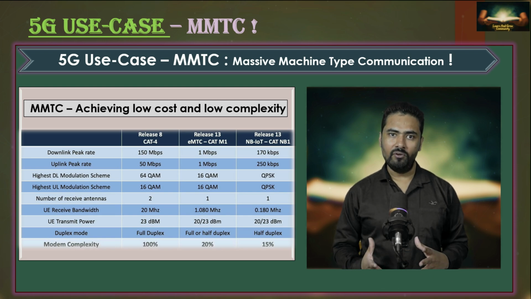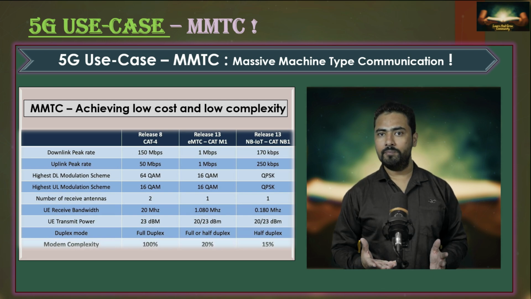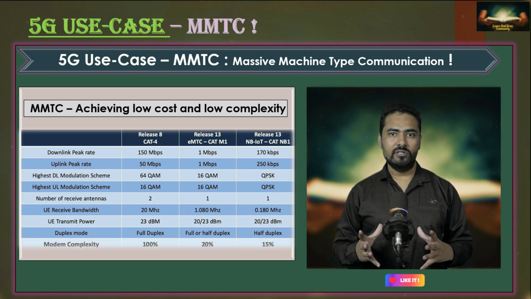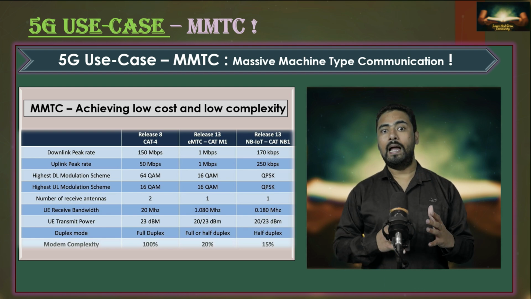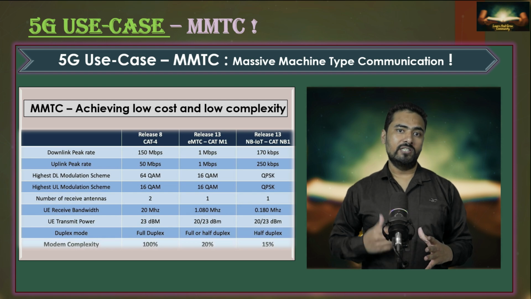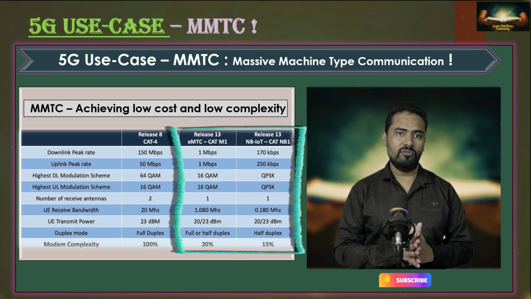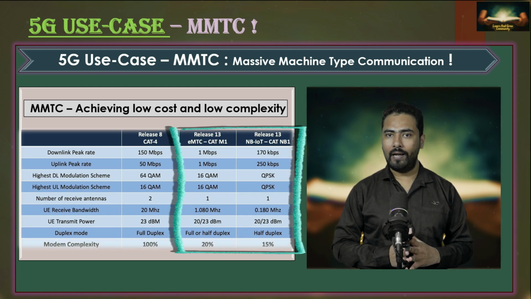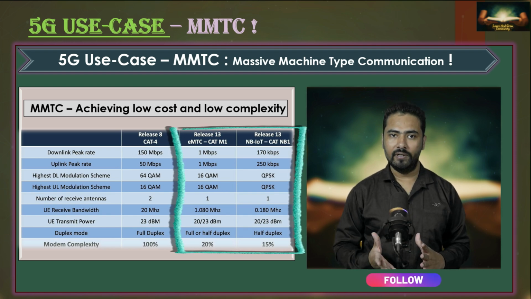For mMTC, we need devices that are simpler and cheaper. So, in later 3GPP releases, these features were scaled down to meet the mMTC requirements. In Release 13, two specific technologies were introduced: eMTC or CAT M1 and narrowband IoT or CAT NB1.